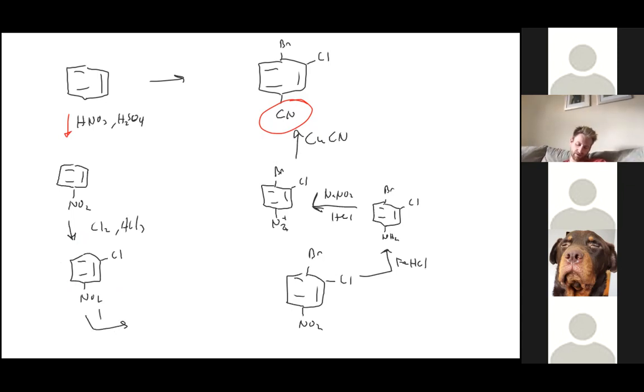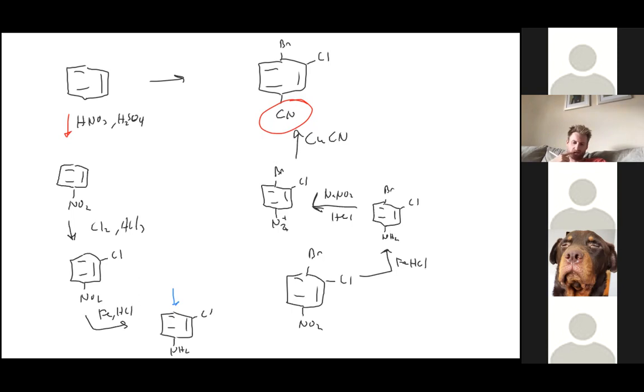So if we added in iron, HCl, this amine is a group 1. It'll add ortho-para, so we can still add this Br to the correct position. Let's see.